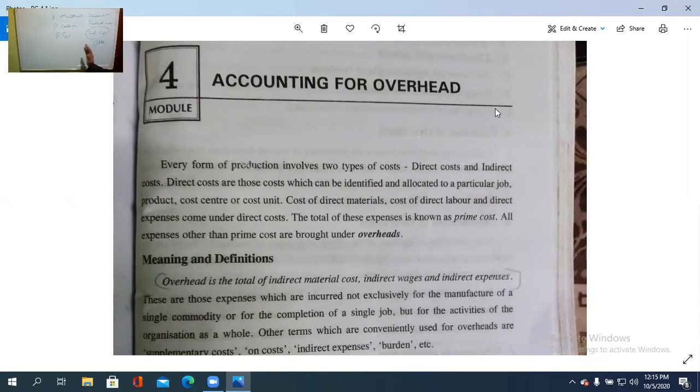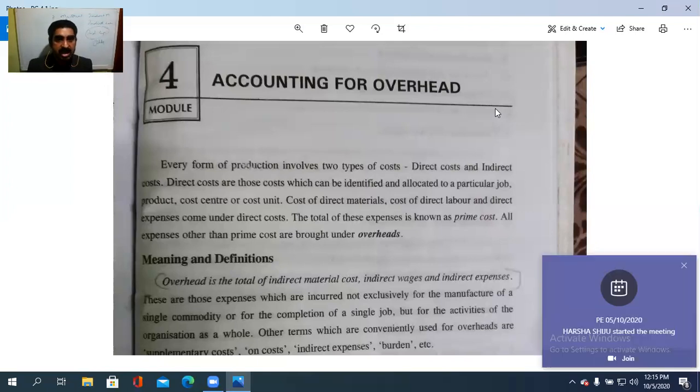While those that are not directly traceable constitute the indirect expenses. So cost of direct material, direct labor, and direct expenses are the direct cost, and these are the constituents of the prime cost. Direct material plus direct labor plus direct expenses together constitute prime cost, while all the expenses other than the prime costs are brought under the overhead.